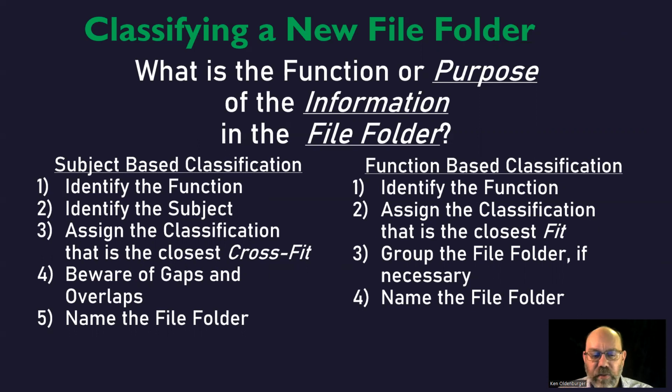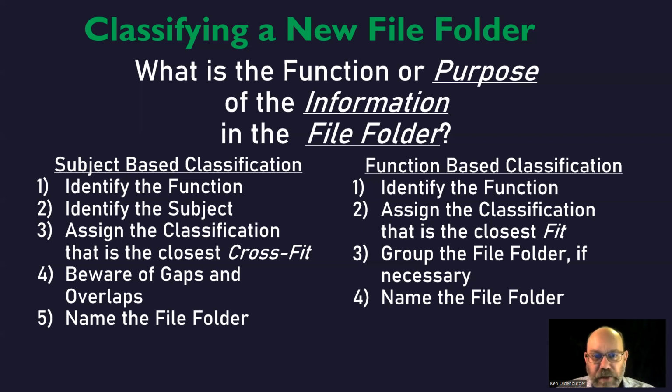And then you're going to have to find the intersection where those two meet in the classification system. It's probably not that difficult. I'm making it sound confusing, but you'll probably have a classification secondary with a title that clarifies it. For example, you'd have something like budget planning, planning being the function, budget being the subject, and it'll probably be right there in the subject-based classification system, and then you know where to place your stuff.